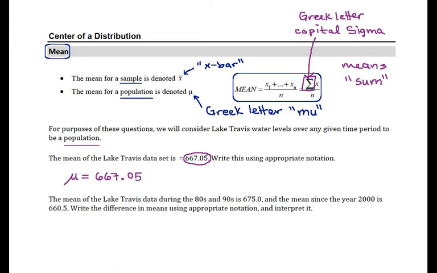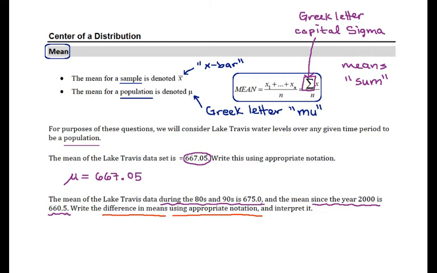Now we can also break up our time period into two time periods. So during the 80s and 90s, we have one water level, and the mean since the year 2000, we have another water level. We want to write this difference in means using appropriate notation and interpret it. Since we have a difference in means, we're going to have more than one mean, and we have to use subscripts.